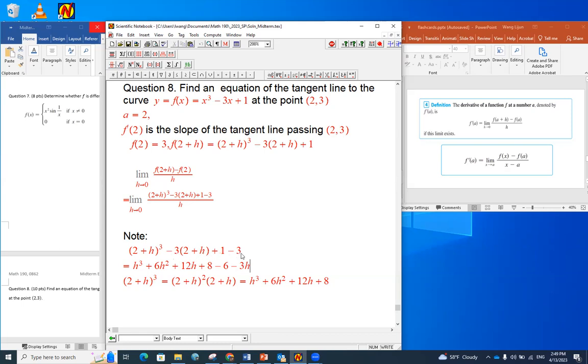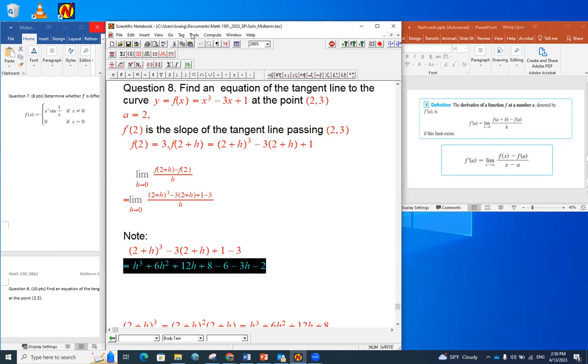Then plus 1 minus 3, that's minus 2. You simplify. This is a positive 2 and this is minus 2. So these will be gone.